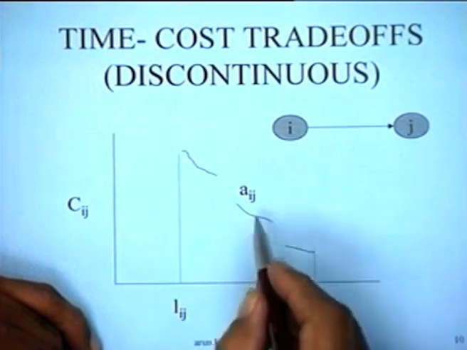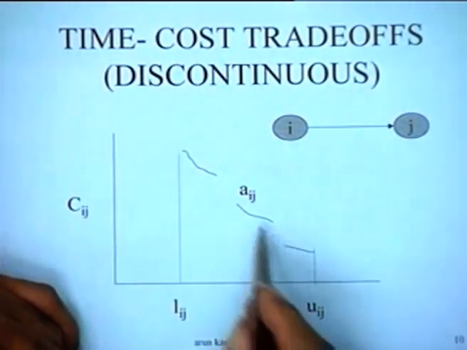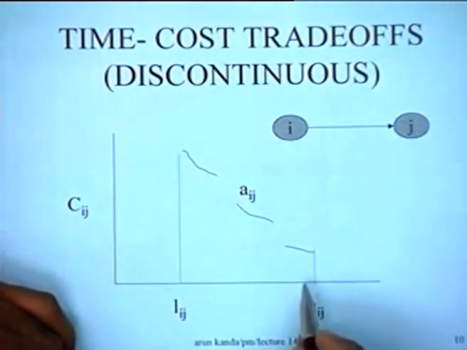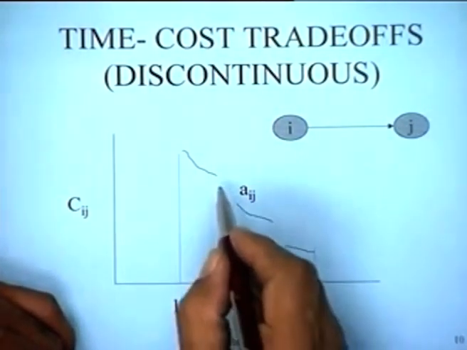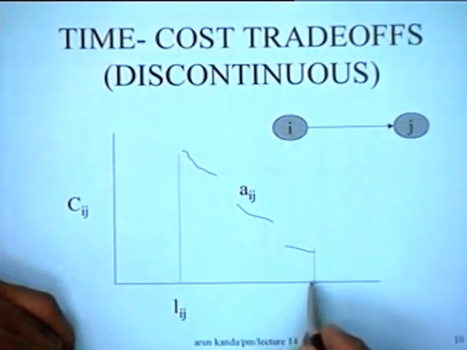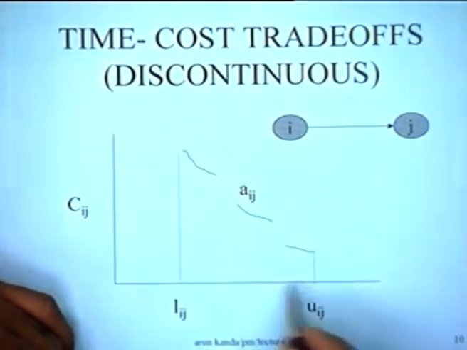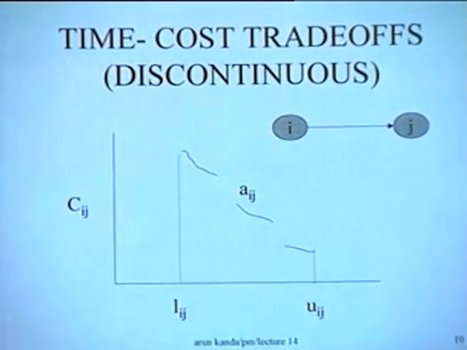So this kind of typical discontinuous time cost trade-off can be utilized when you have multiple choices, like changing technology from one to the second to the third, and you have this kind of changeover.